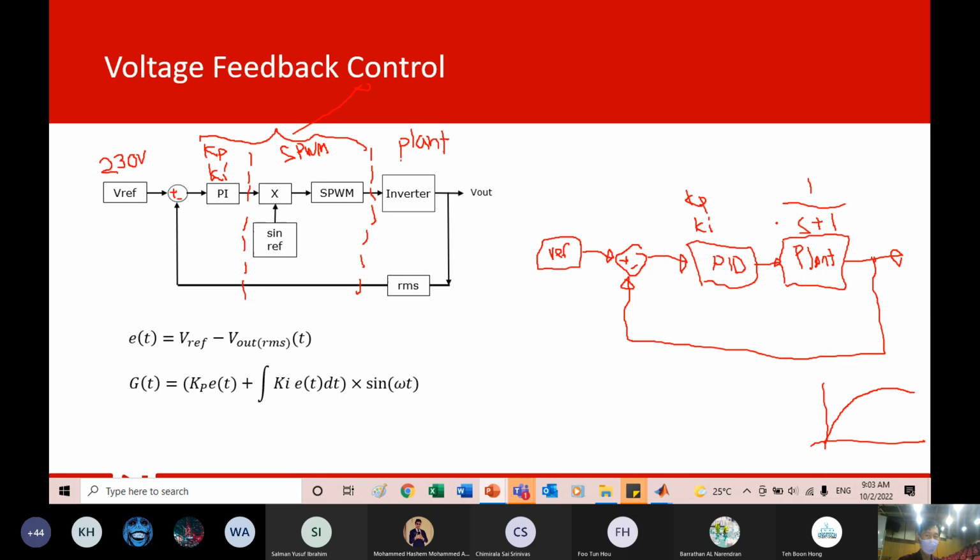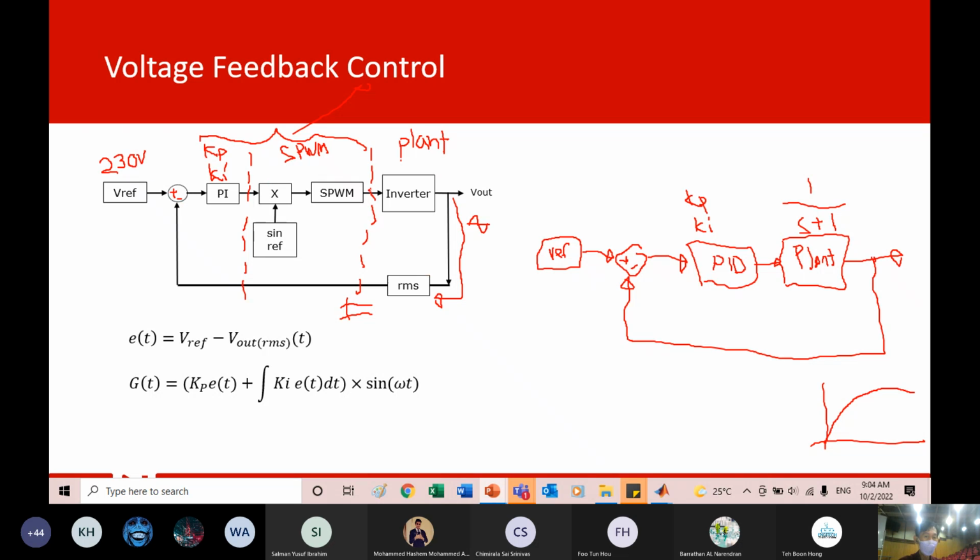So that's why just now I showed you how this L and C can be represented in the S domain. So this is the plant, and at the output of the plant, you can see there is a feedback, and it goes through an RMS block, because the output here is a sine wave. Now we want to measure the RMS, so after this, it becomes a DC, right? And then this minus the set voltage of 230.